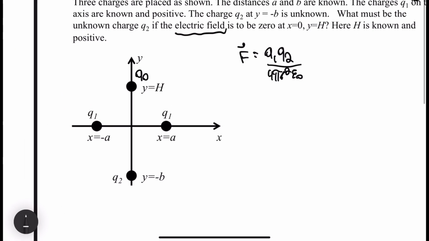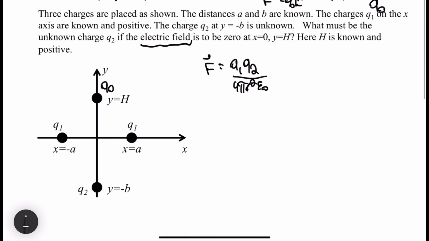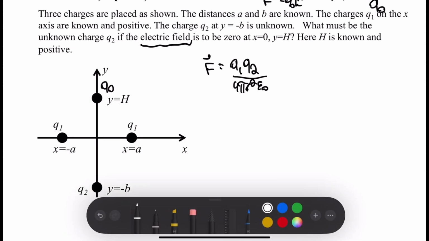So now let's start labeling a free body diagram where the point of interest is at x equals 0, y equals h. My Q1 charges are positive, right? And then I'm just going to make my test charge Q naught positive as well. Therefore, these will repel each other. So this will have a force, call it F1 or something, going this way, which will have some sort of components.